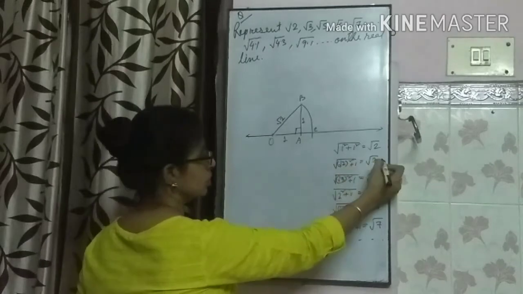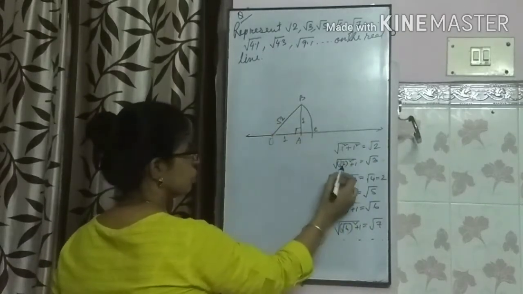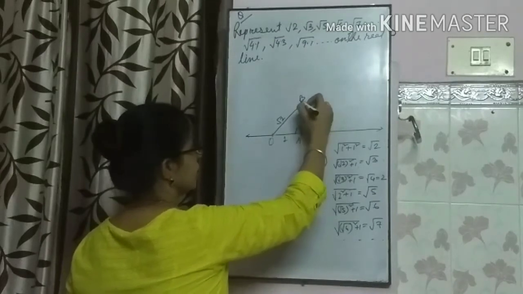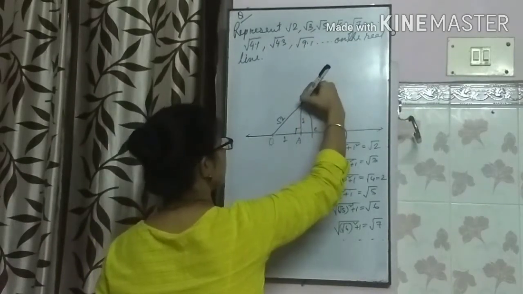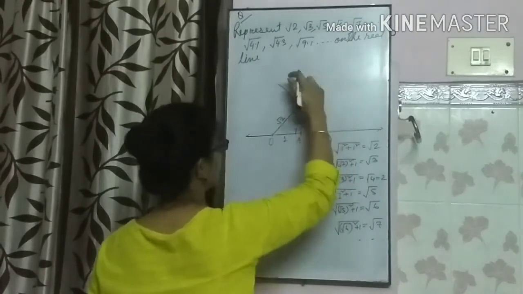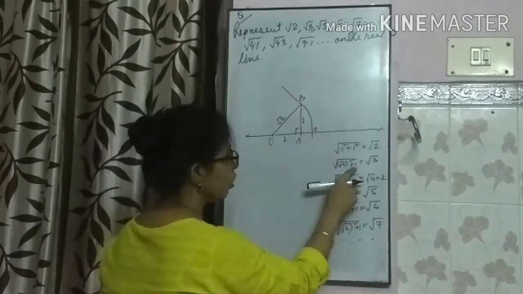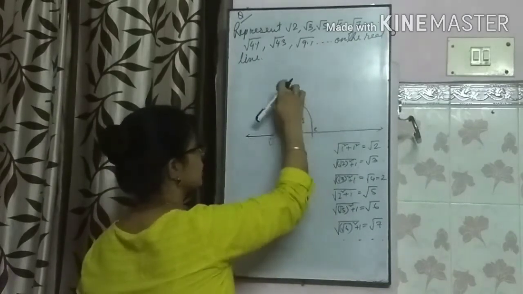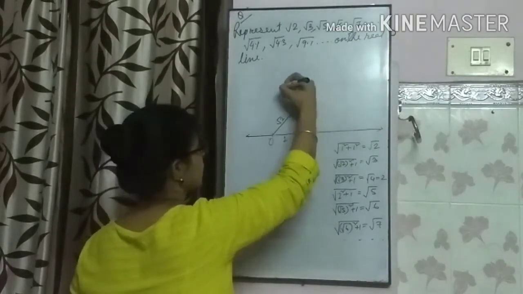Now the question comes, root 3. Root 2 square plus 1, that means this will be taken as a base, and on this base one perpendicular has to be made that is of 1 unit. How much is here doesn't matter, but this must be 1 unit.